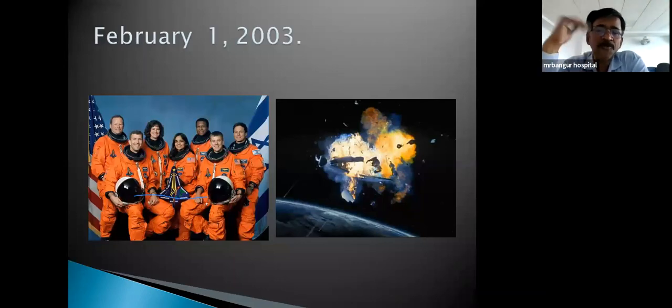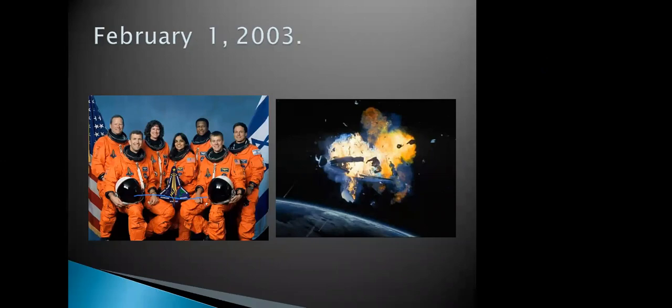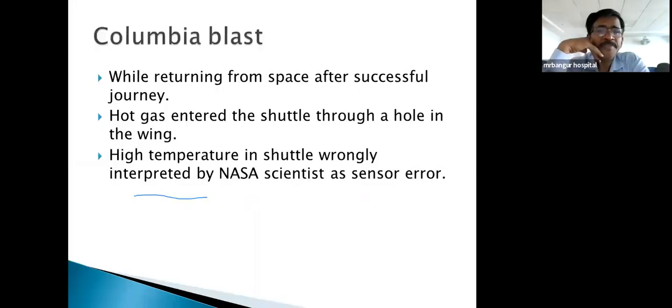The astronauts who went to space, while coming down after their successful mission, died in a blast. Again, what happened was this aircraft had a leakage of hot gas through a hole in the wing, but the NASA scientists sitting at the console wrongly interpreted this as a sensor error, and no action was taken, and the blast occurred.